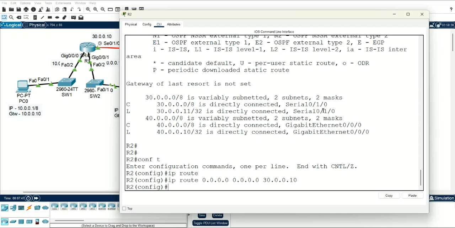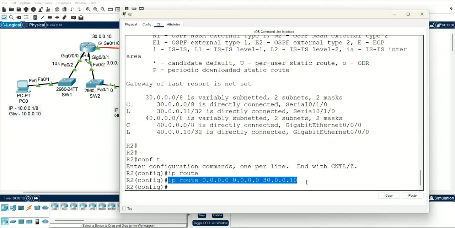Instead of writing for the 10 network, go to 30.0.0.10, for the 20 network, go to, you understand? Instead of repeating many lines, you can simply put any. This is what we call a default route. Default route is any network, any subnet mask, and the gateway.